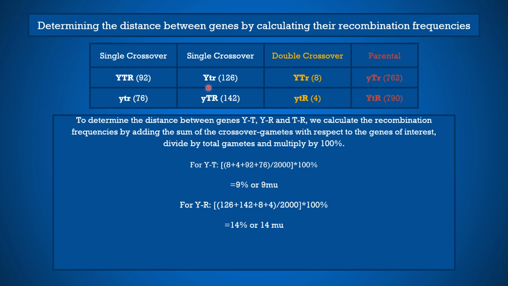So big Y, little y, big R: 126, 142, divided by 2000 times 100%, and we get 14% or 14 map units. And then for T to R, same kind of process, and we get 21.8 or 21.8 map units.